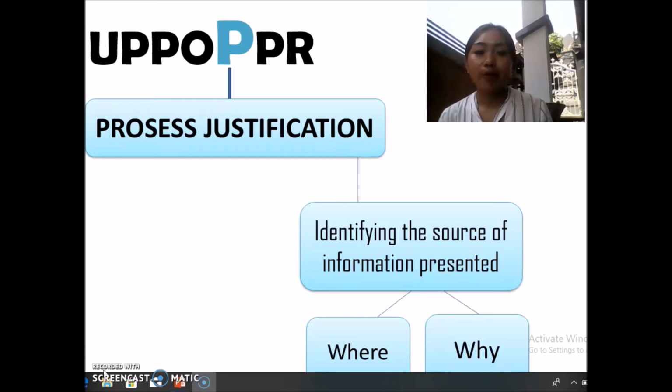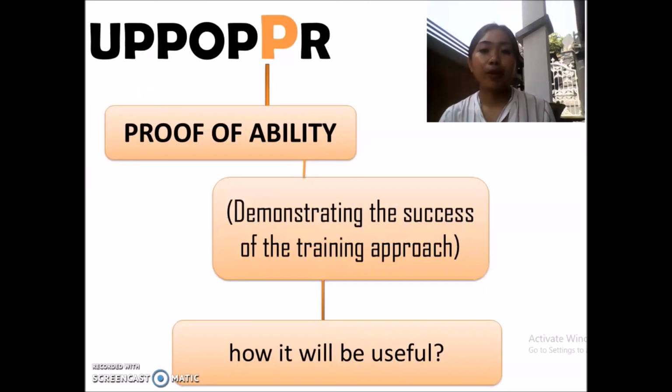Okay, the next process of U-purpose is process justification. This is the fifth step of U-purpose that helps you succeed in the presentation of seminars. This process focuses on identifying the source of information. That includes where the information that you use comes from and why you choose the source. The next step of U-purpose is proof of ability.